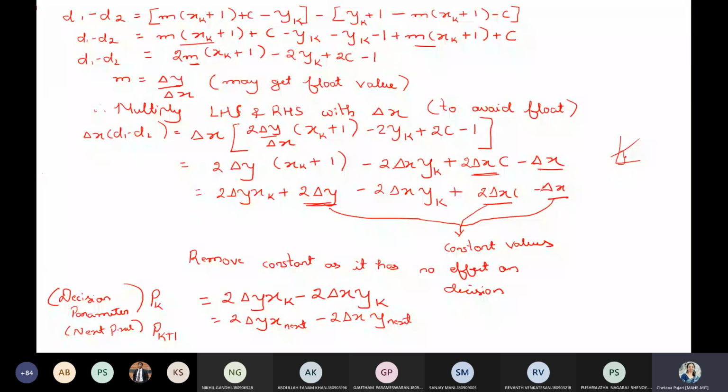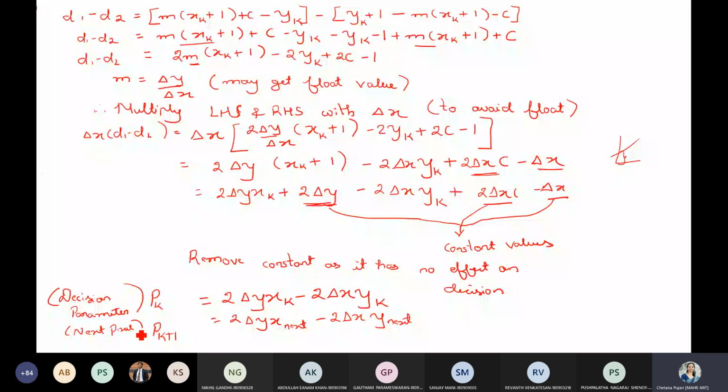So we are going to remove that constant because it has no effect on the decision making. Once it's done, the decision parameter pk, we got the final equation as 2 delta y xk minus 2 delta x yk. Similarly, if you are trying to find the decision parameter for the next pixel, that is the k plus 1 pixel, it will be 2 delta y x next minus 2 delta x y next. Let's continue.